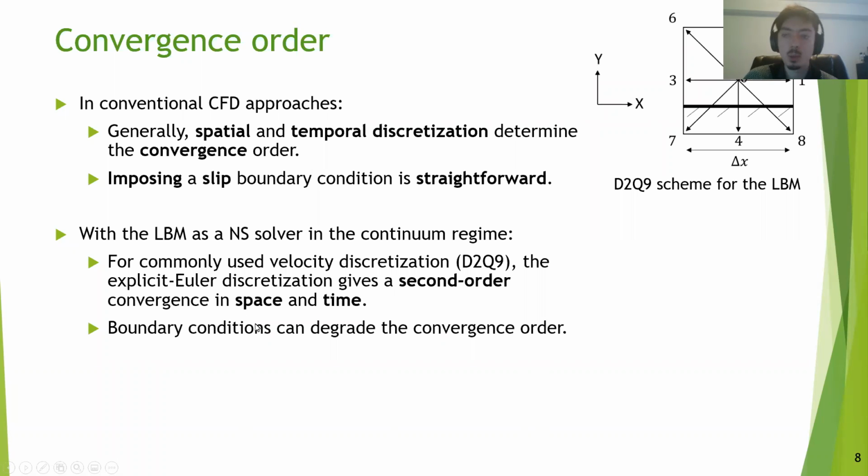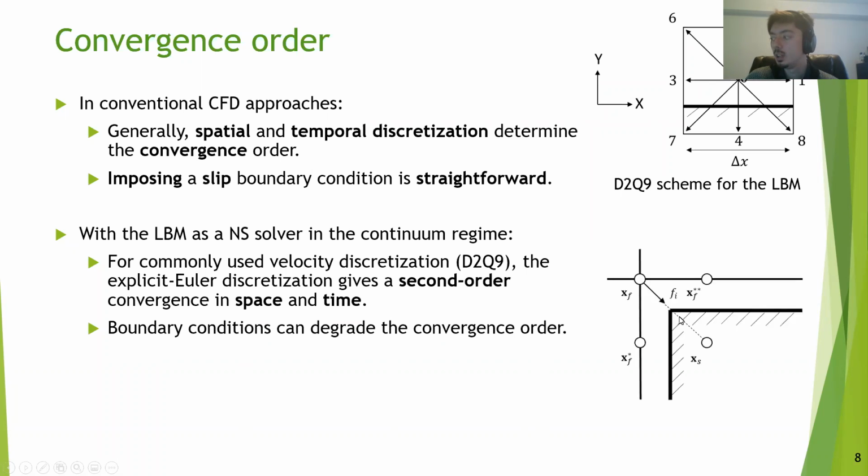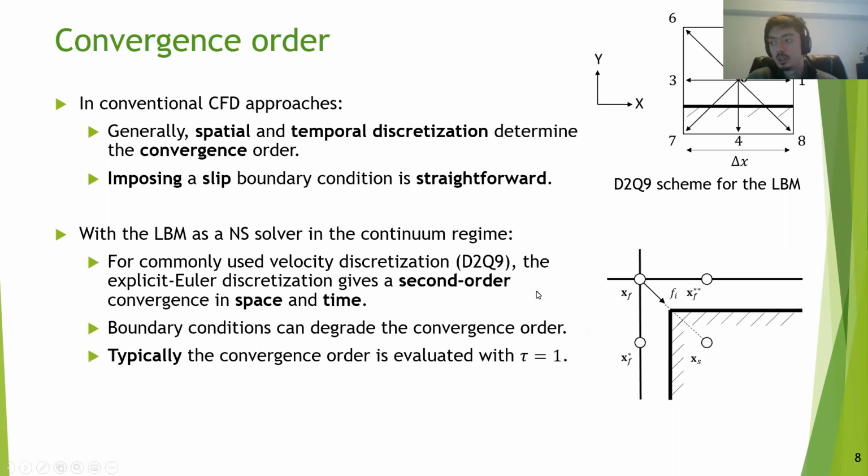But we also know that boundary conditions can degrade the convergence order. For example, if I have a non-planar geometry like this, it's known that if the boundary condition is not properly set, you can have a degradation of the convergence order. Typically, the convergence order is evaluated with a fixed tau that is equal to 1, as I explained earlier.